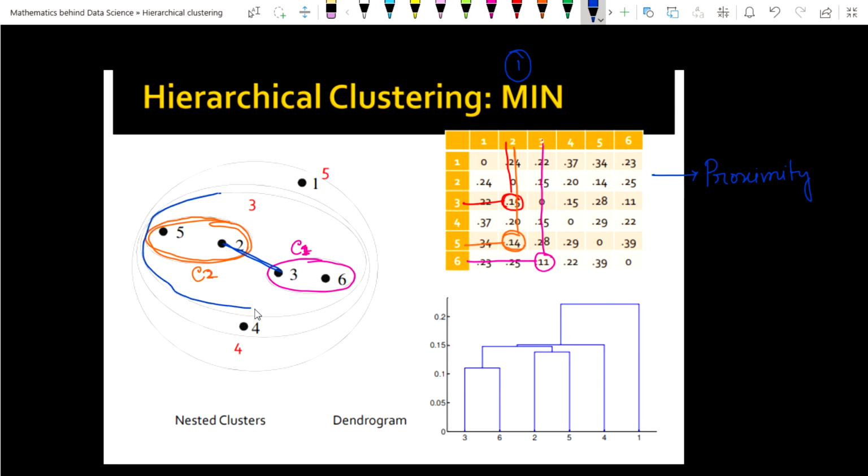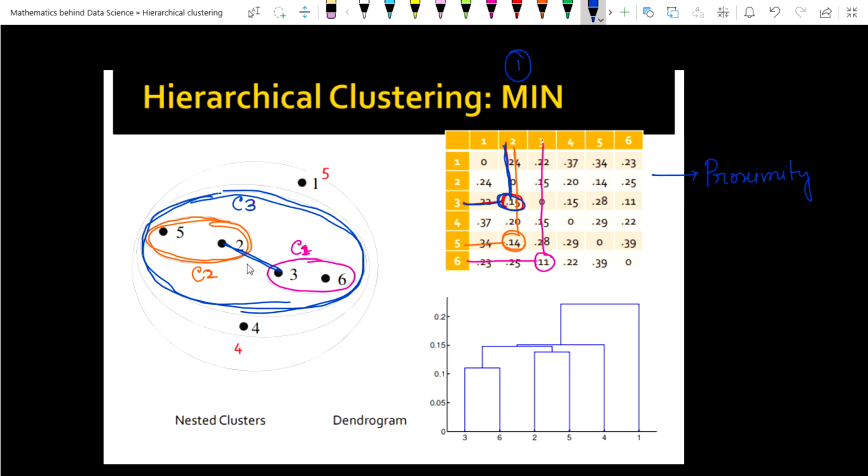C1 and C2 are merged together to make a bigger cluster, C3. I think you understand. This will be C3.